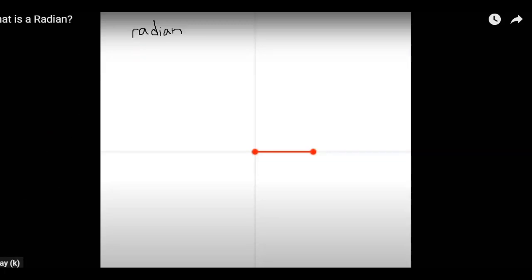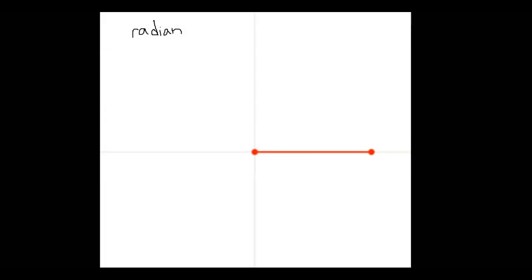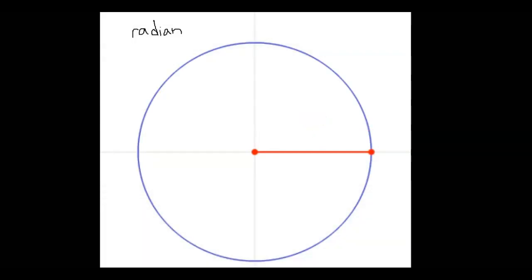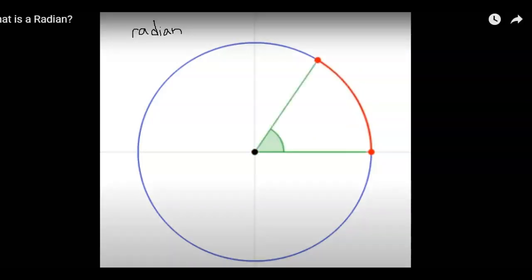So let's take a look at this animation. Let's say we have a circle of a given radius, and we're going to take that exact same length and stretch it out along the side of the circle here.